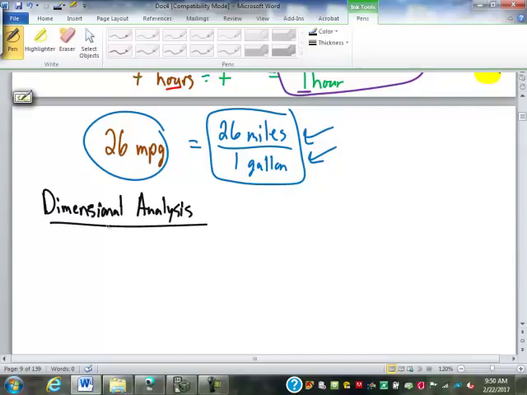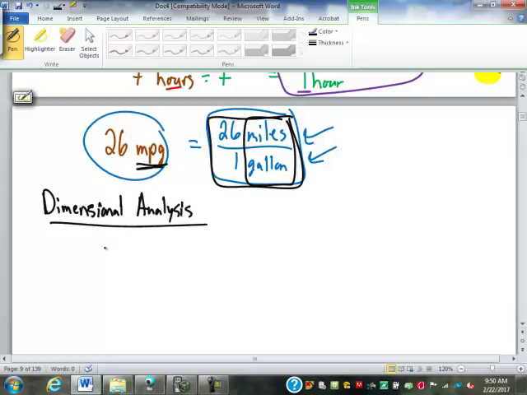If you want to calculate a number and you don't know the formula for it, you can actually let the dimensions tell you. If you look at 26 mpg, and you realize that is 26 miles per gallon, the units, when you write it like this, tell you exactly how to set that up.